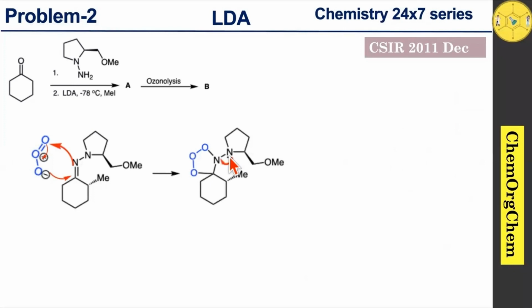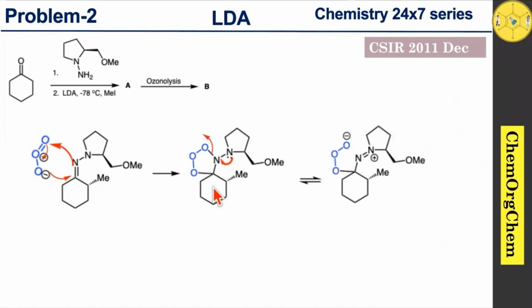Now you see this nitrogen lone pair of electrons shifts towards here, followed by cleavage of this nitrogen-oxygen bond to yield this type of intermediate. This ozonide intermediate as well as this intermediate are both present in equilibrium.